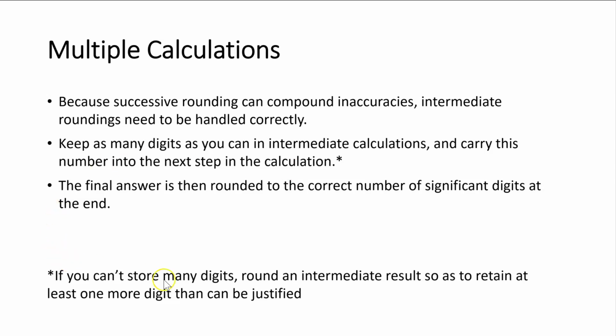And if you can't store that many digits, then round that result to retain at least 1 more digit than you would otherwise round to. Basically, if you're doing a whole bunch of different calculations, keep as many digits as you can in your intermediate calculations, and then round the final answer to the correct number of significant digits at the end.